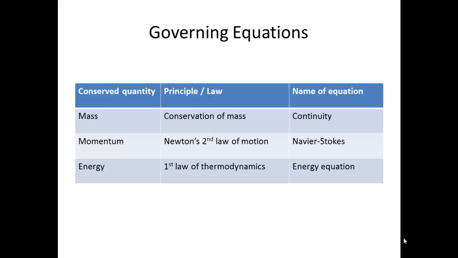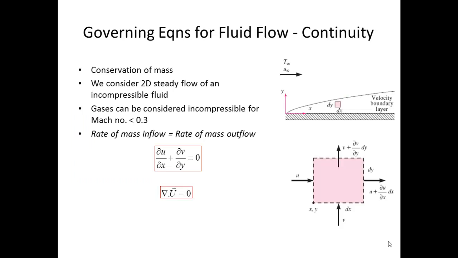The second is related to the conservation of momentum, which is described by Newton's second law of motion, and in the case of fluid mechanics systems, we call the equation the Navier-Stokes equation. The third one is the energy conservation, which is described by the first law of thermodynamics. We call it the energy equation. There is no specific name as far as I am aware.